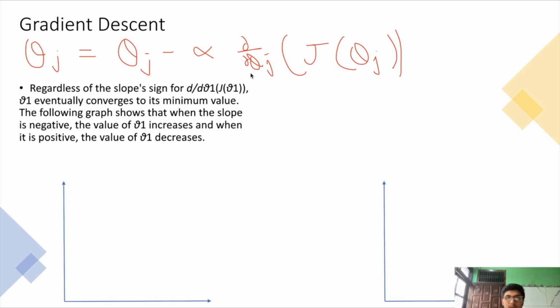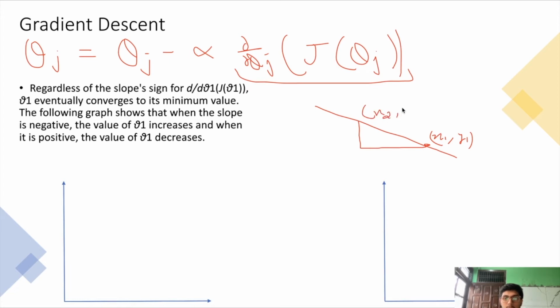This means that whatever value the partial derivative has, we use it. Take this line. So what is a derivative? Final minus initial. Maybe this is x1, y1, the coordinates of this point, and these are x2, y2.